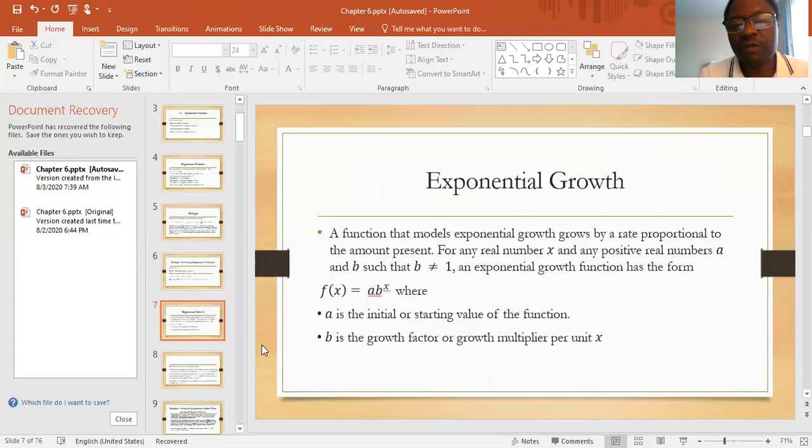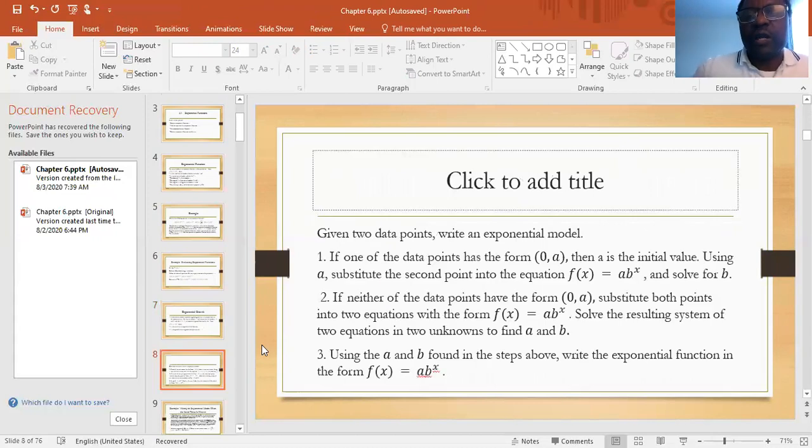An application of the exponential function is exponential growth. If we are given two data points, we can write an exponential model using the 2 points.